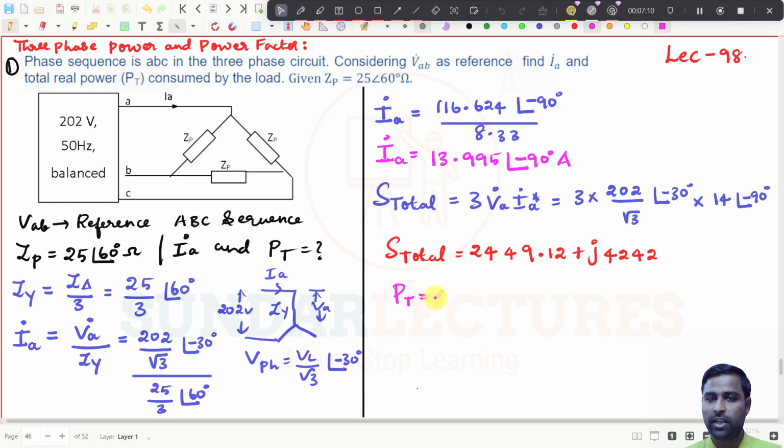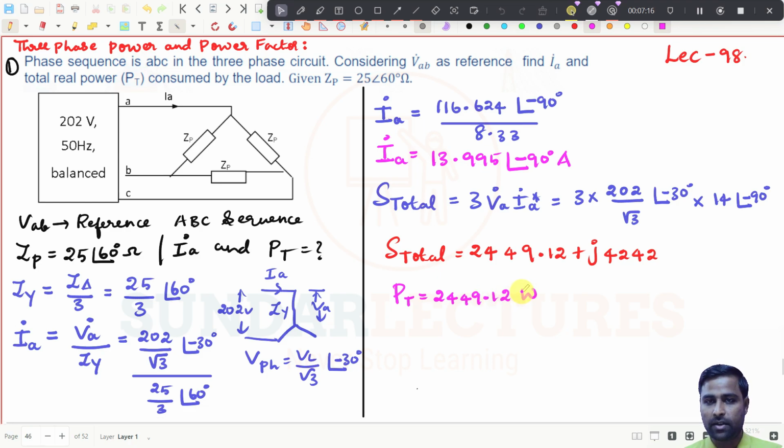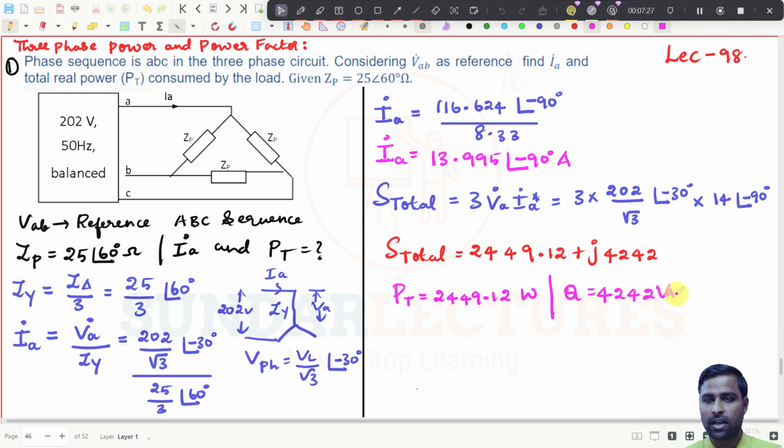This is the value of PT in watts, the real power. And what is the Q value I am getting for this particular problem? It is 42 VAR. That is the question they have asked you to find.